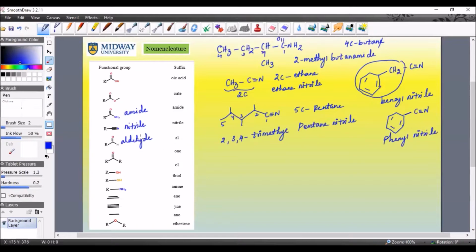Okay, moving on to aldehyde. So if I have this as my aldehyde, this is 2 carbons, right? So 2 carbon is ethane. So what is the aldehyde version of it? It would be ethane, get rid of the E and add AL, ethanal, right? What if you have this? This is 1, 2, 3.